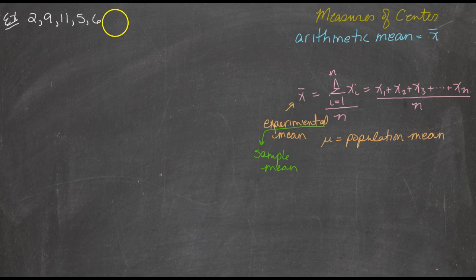First we determine our n value. How many elements do we have? This one's super easy: n equals 5. Then we find x bar, which means we look for the sum of elements from the first to the fifth, and we divide all of that by n.